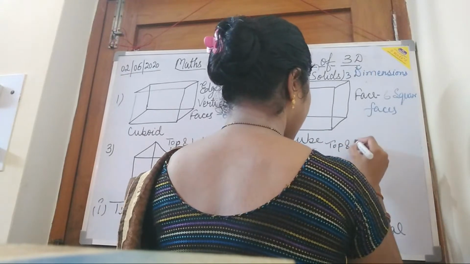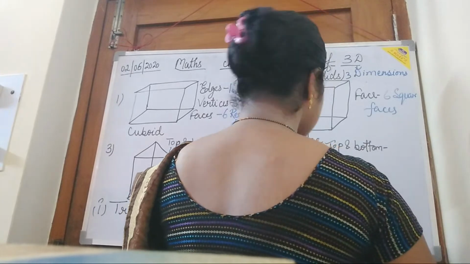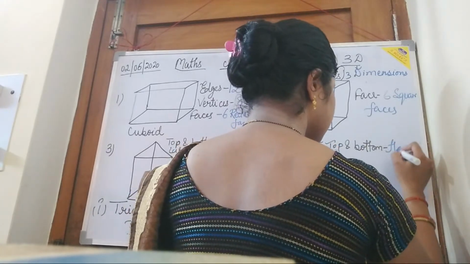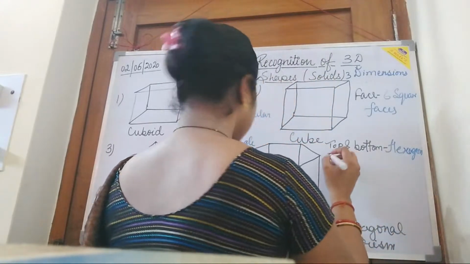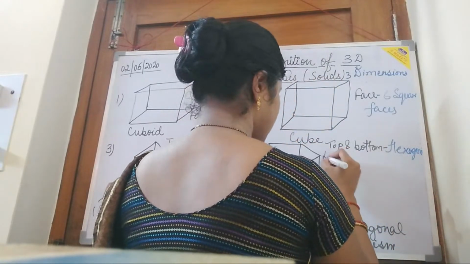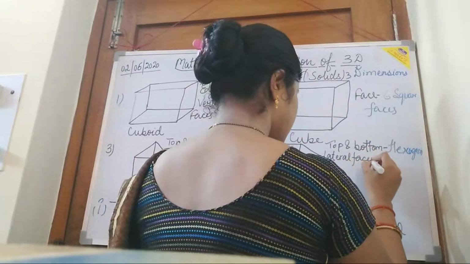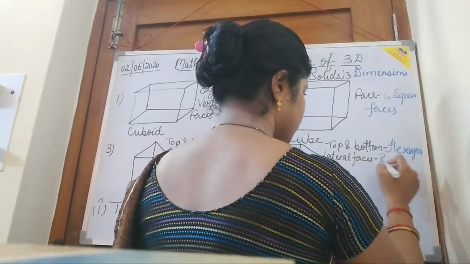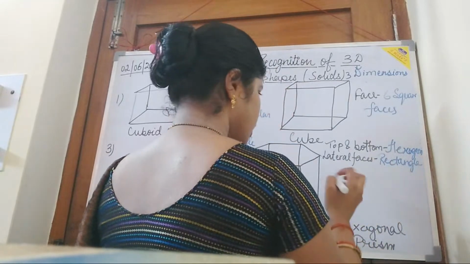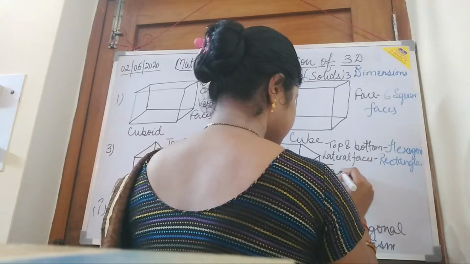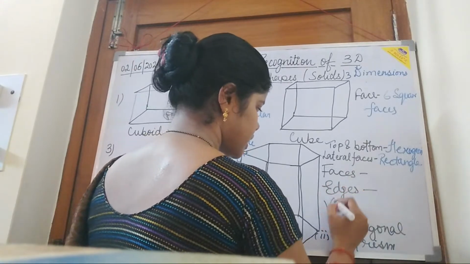Now in the hexagonal prism, top and bottom faces are hexagons, and lateral faces are rectangles. So total faces, edges, vertices.